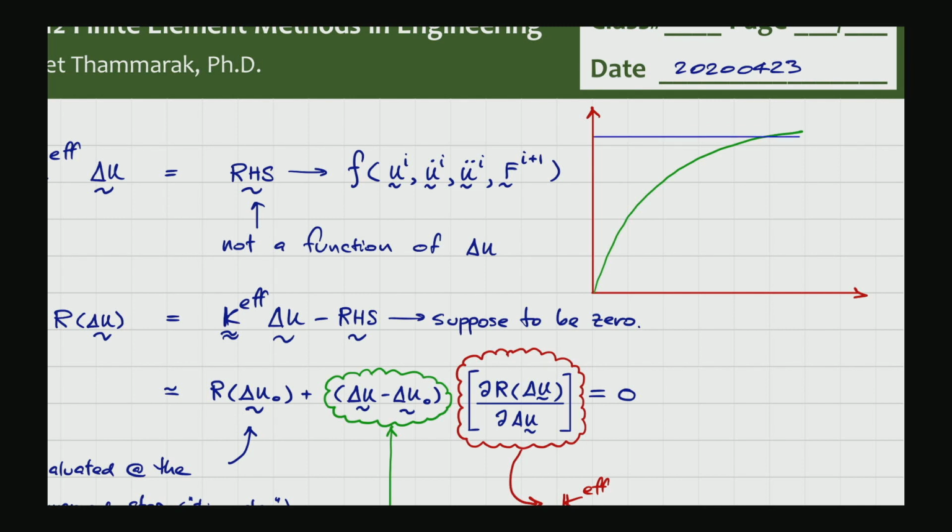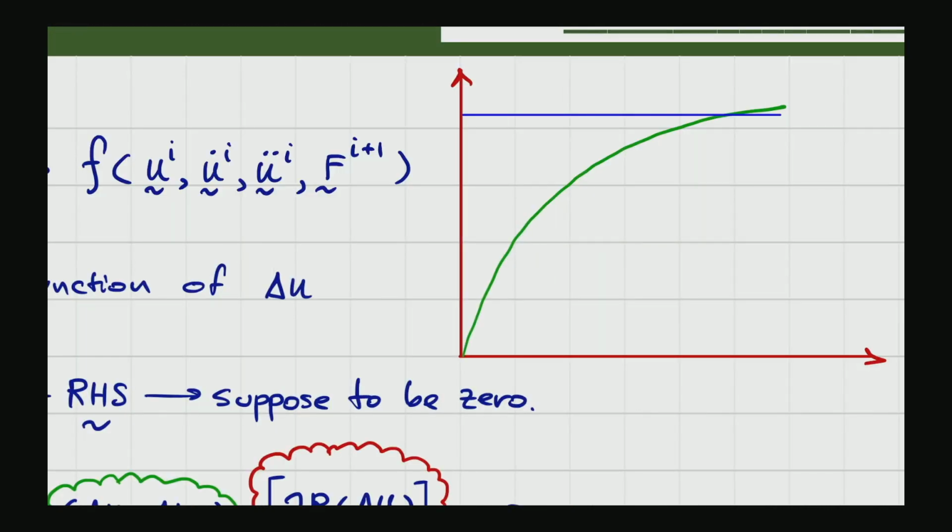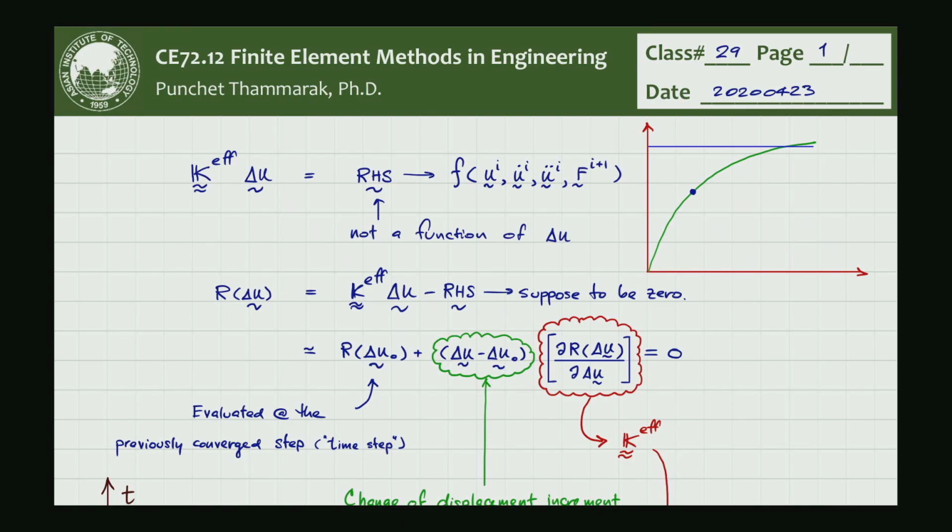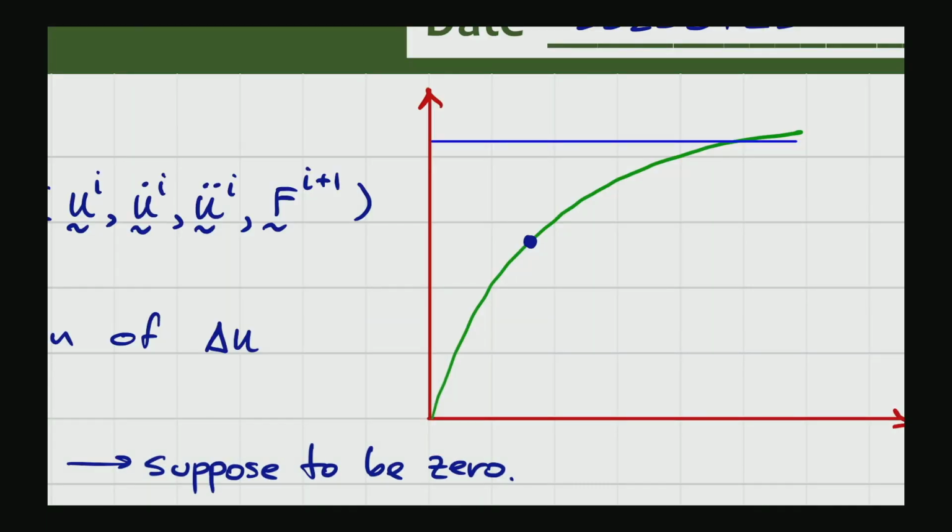So in order to do that, this point is going to be our delta U naught.